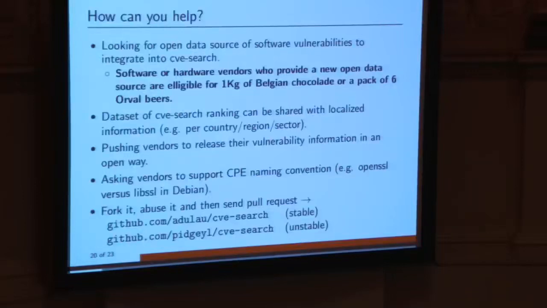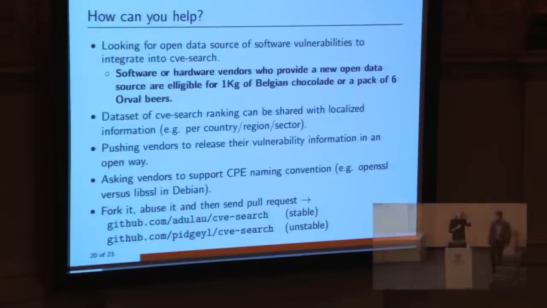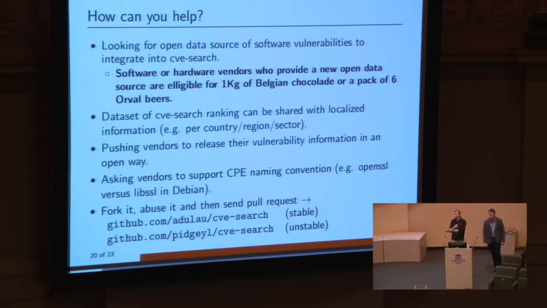Another issue that we have seen, and I think this one is the trickiest one, is that the CPE naming convention comes from NIST. It's very difficult to find the matching with some operating system or some libraries in an operating system. One good example, which I think every one of you knows, is OpenSSL, which sometimes has vulnerabilities. If you look at Debian, it's not called OpenSSL, but sometimes libSSL. In some other distributions, it has different names.